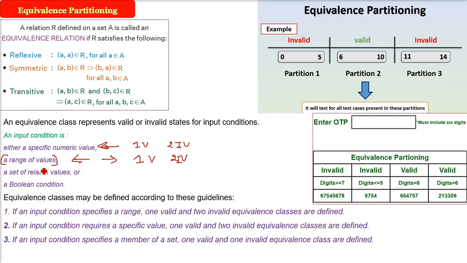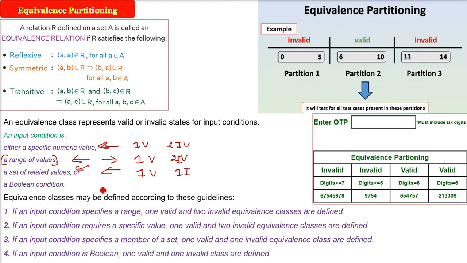If an input condition specifies a member of a set or related values, here we will have one valid and one invalid equivalence class. If the input is a Boolean condition, one valid and one invalid class will be defined.